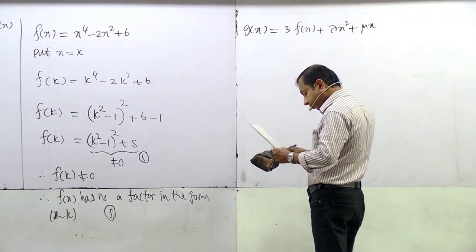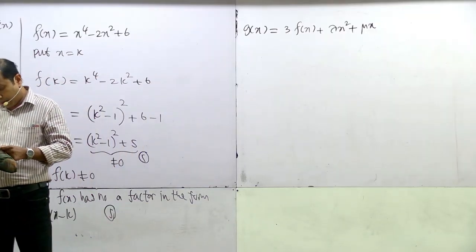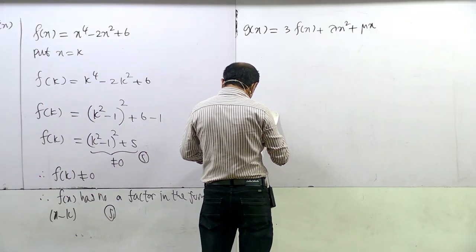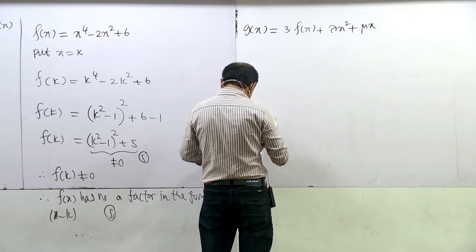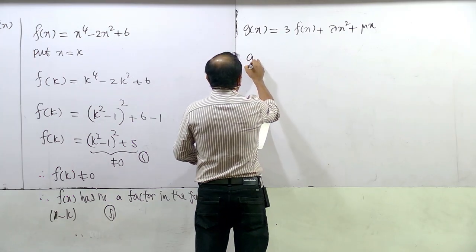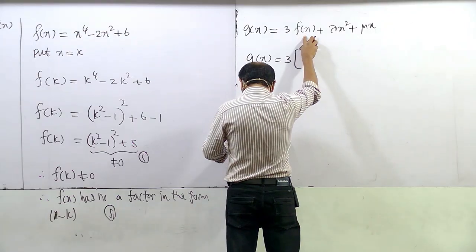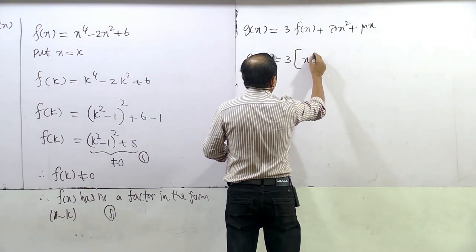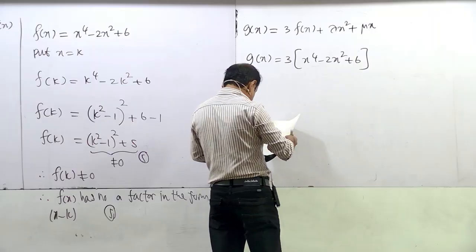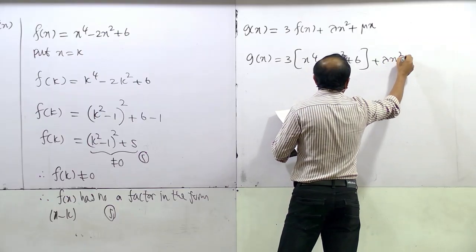Now substitute for f(x). f(x) is x^4 minus 2x squared plus 6, and lambda x squared plus mu x.